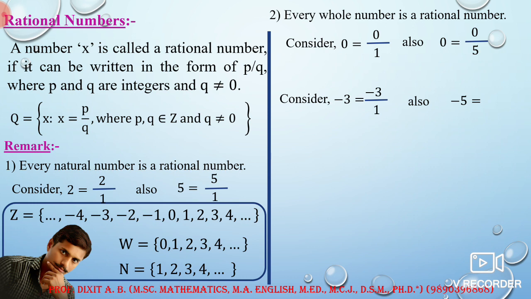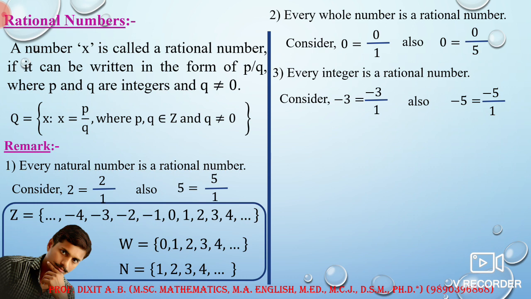Also -5 can be expressed as -5 upon 1. So all negative numbers here can be expressed as p upon q. Already we have checked for 0, 1, 2, 3, 4, and so on up to infinity. So here is my third remark: every integer is a rational number.